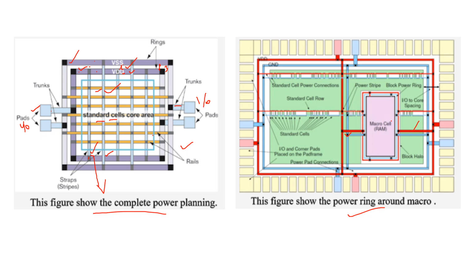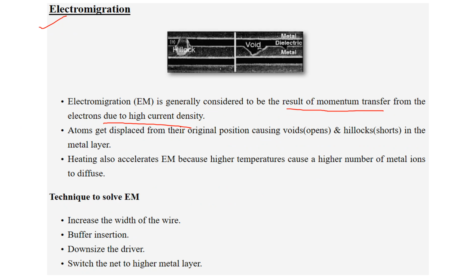Whenever high fluctuation is occurring, sometimes your VDD may enter into VSS. So we can say it is electron migration, a momentum transfer from the electrons due to high current density. See, this is one metal and this is another metal and this is dielectric, where due to the high current density, this metal will directly contact this metal through your dielectric.